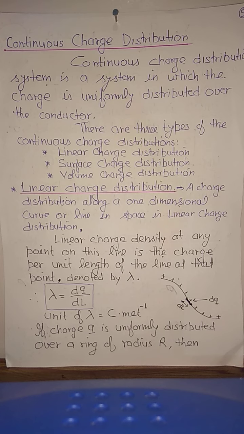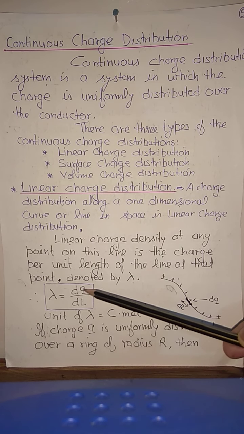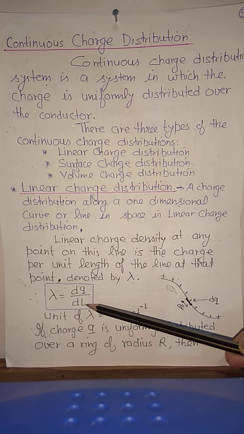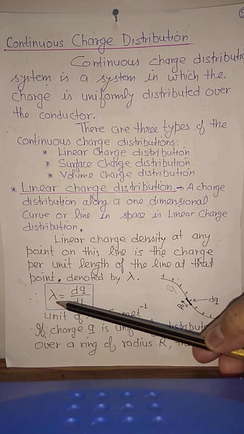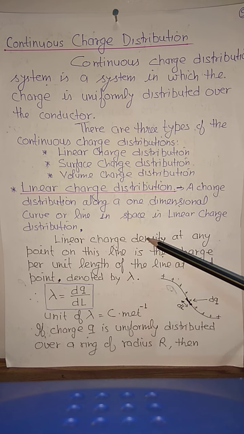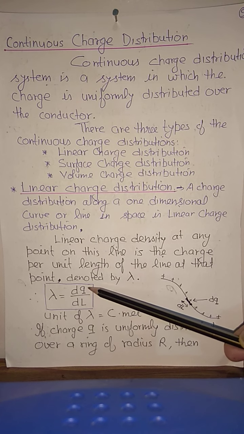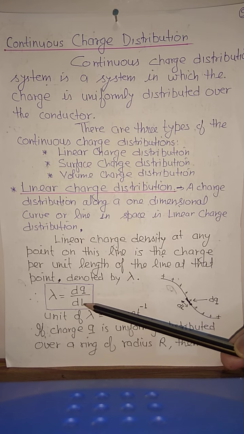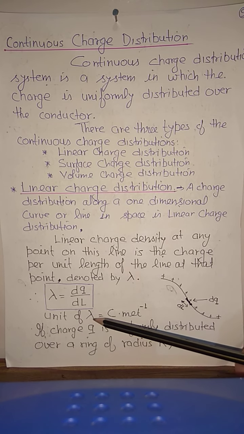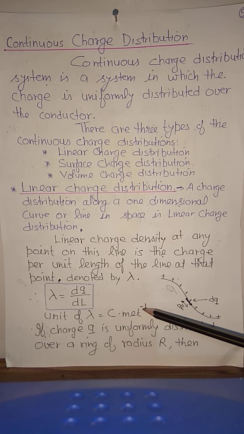In this condition, linear charge density, which is denoted by lambda, is lambda is equal to dq by dl. Any doubt? The unit for q is coulomb, for length is meter, and the unit of linear charge density is coulomb meter minus 1.